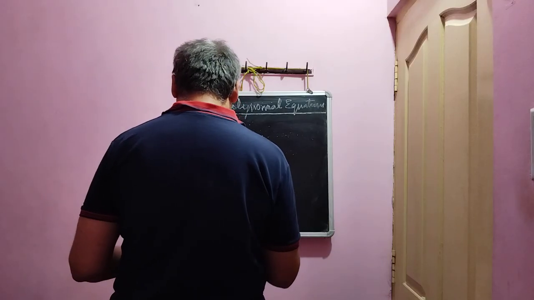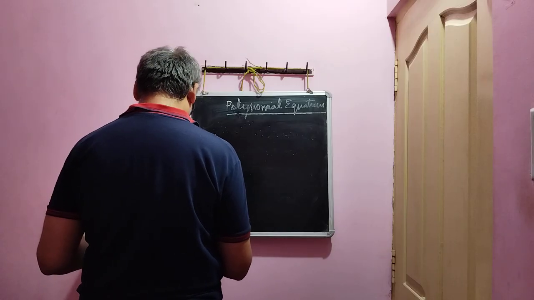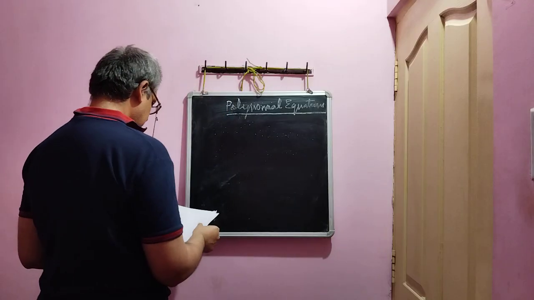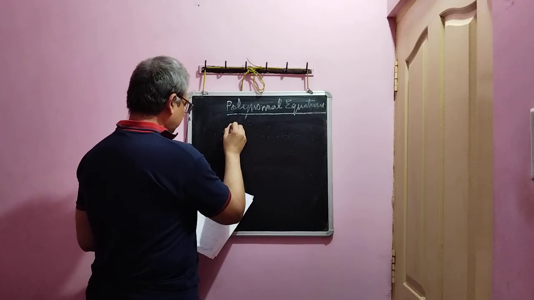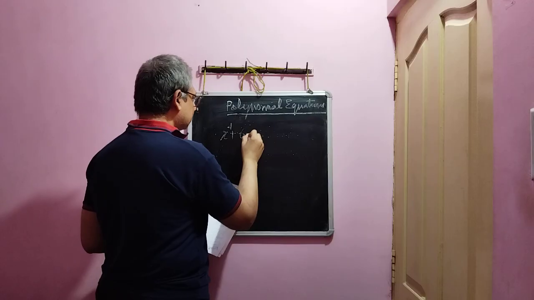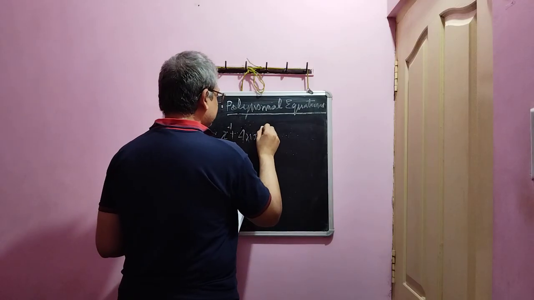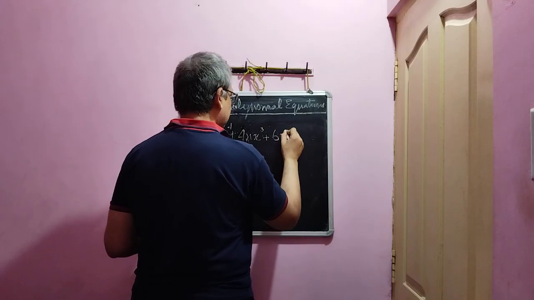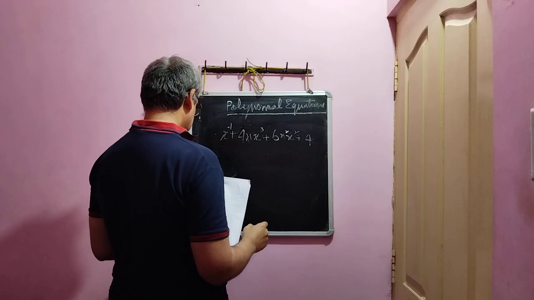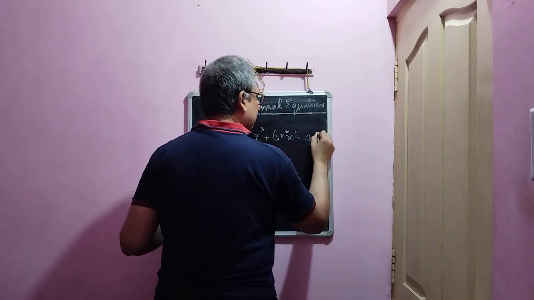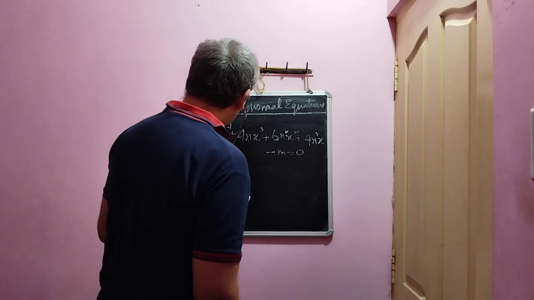So now again we look at the general form. The general form for it is x power 4 plus 4n x cube plus 6n square x square plus 4n cube x minus m equal to 0, right?